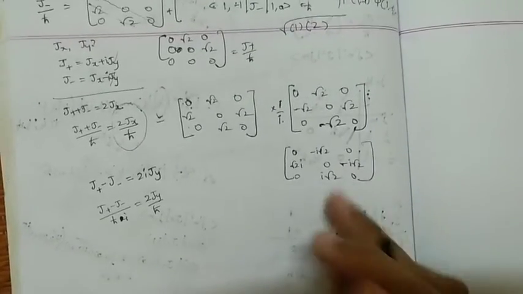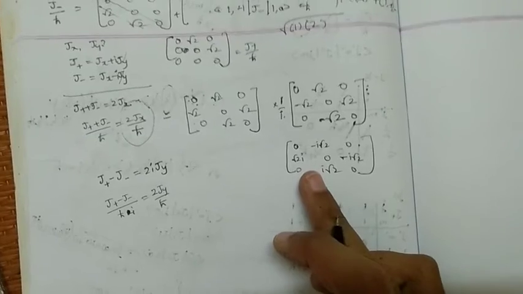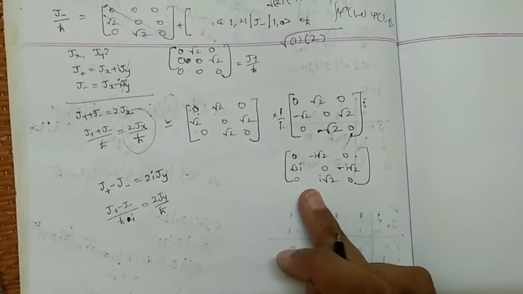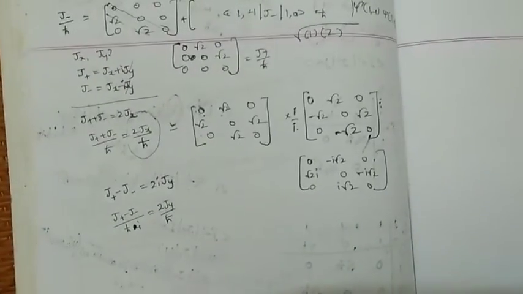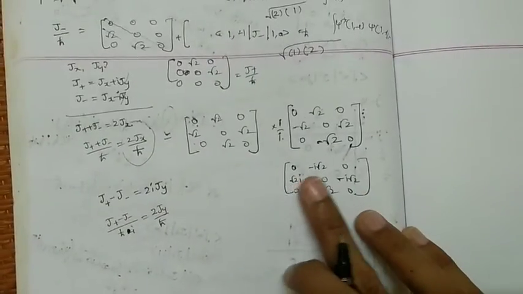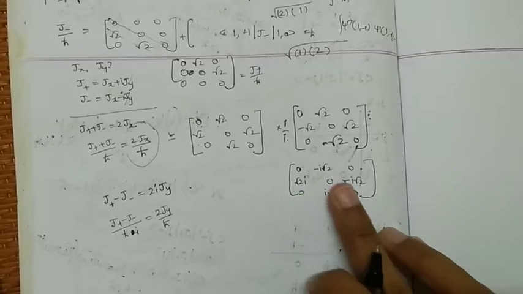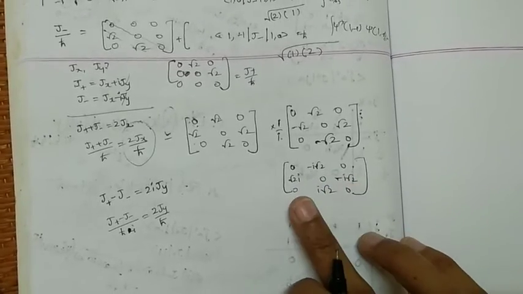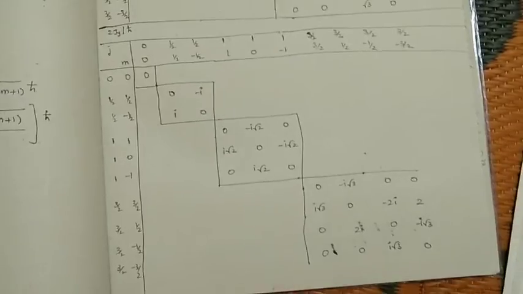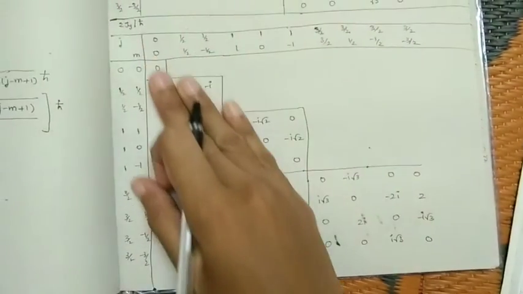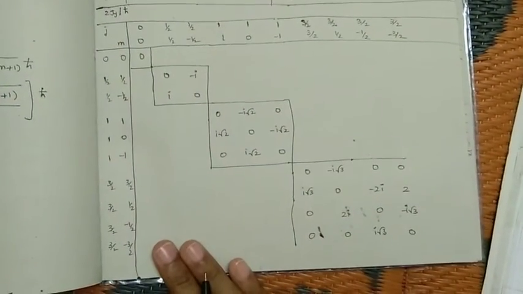So this is the 2Jy by h cut matrix based on this formula: 0, minus i root 2, 0, root 2 i, 0, minus i root 2, 0, i root 2, 0. That means we have derived the Jy matrix. So these are the Jy matrices for different values of J and their corresponding m values.